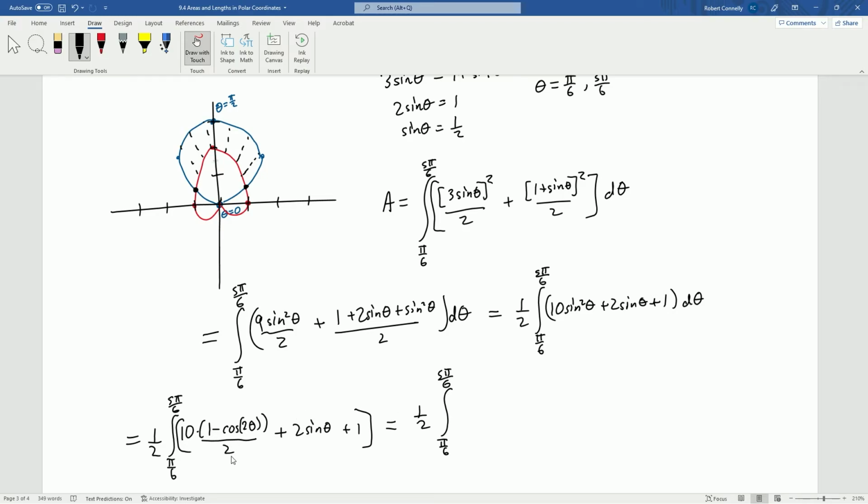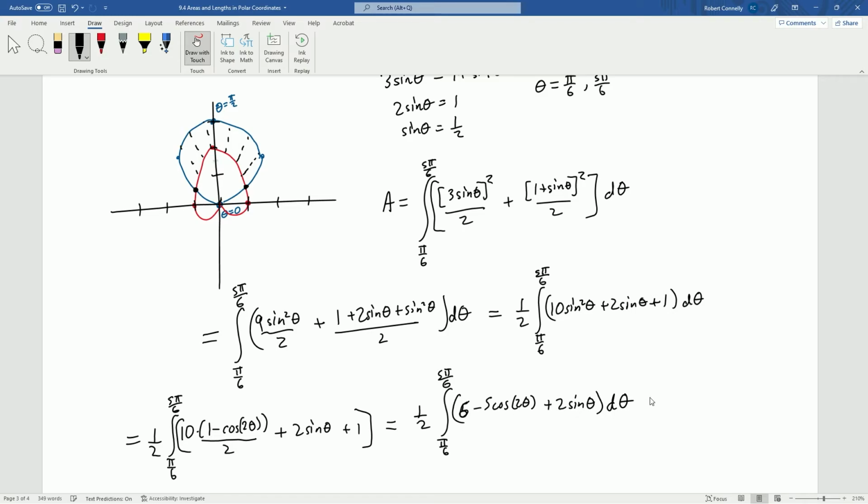Okay, 10 over 2 is 5, so when I distribute this, I'm going to get 5 minus 5 cosine of 2 theta. And actually, I'm going to get plus 1 here, so I'm just going to change that 5 to a 6 now. Plus 2 sine of theta.